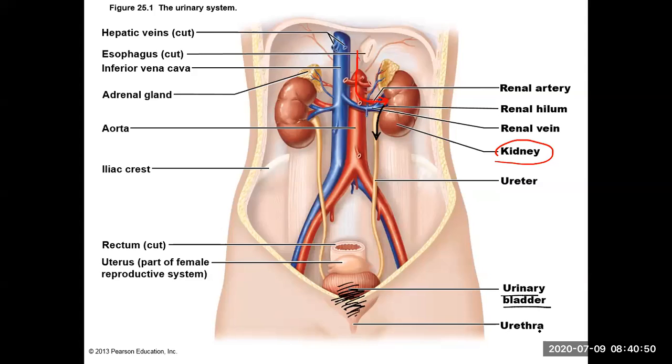And finally, the urethra, where you learn about the internal and external sphincter, and it allows the exiting of the urine to take place, which a lot of times is referred to as urine output. What amount is going to come out is basically referred to as urine output.